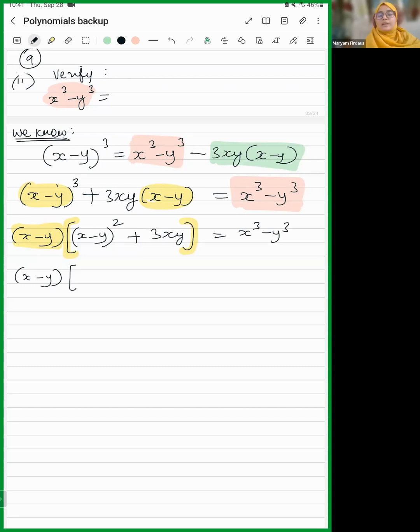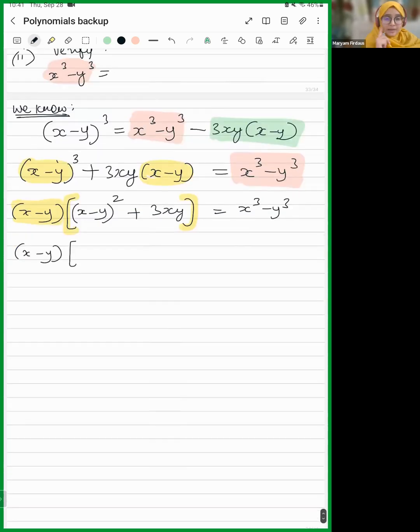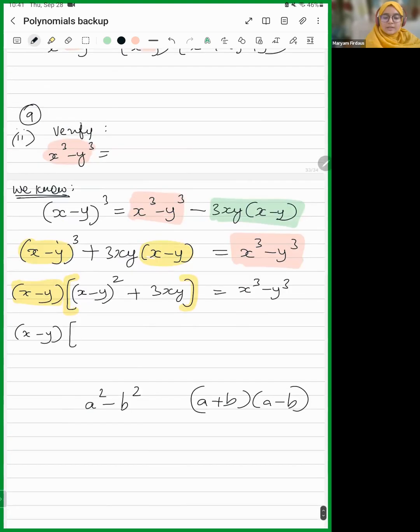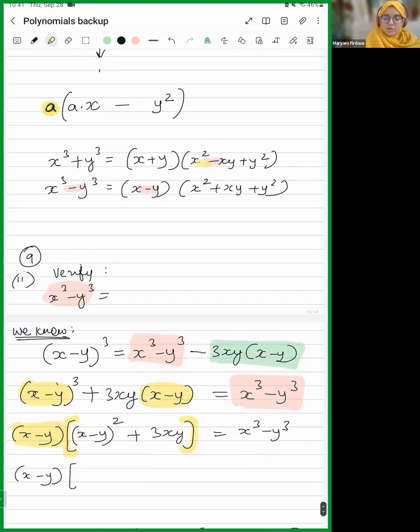Remember, again, I already told you this. Again, I'm telling you. A square minus b square will only and only come in just one identity, which is a plus b, a minus b. No other identity will have a square minus b square. Look at this. Here also, a square plus b square.